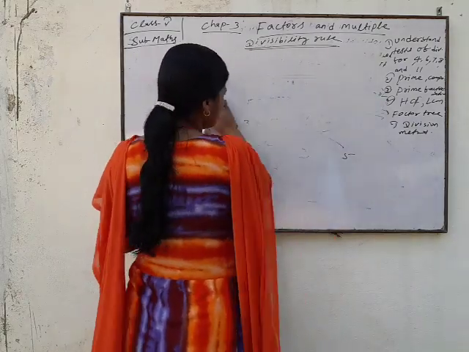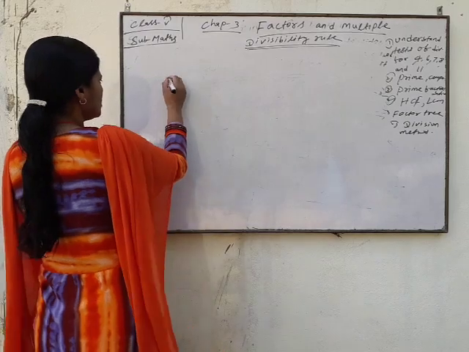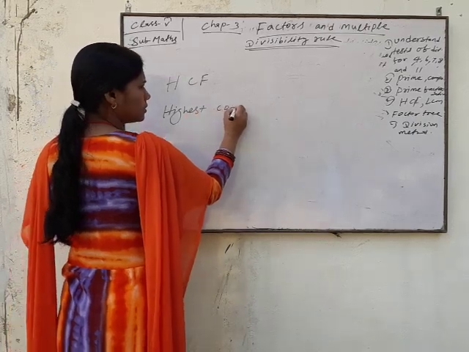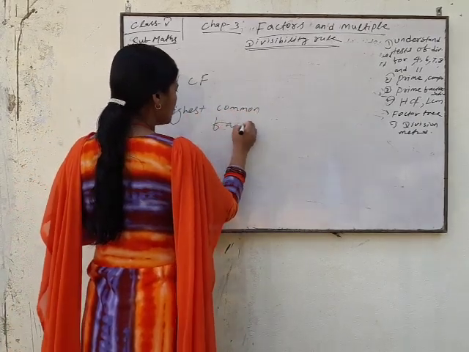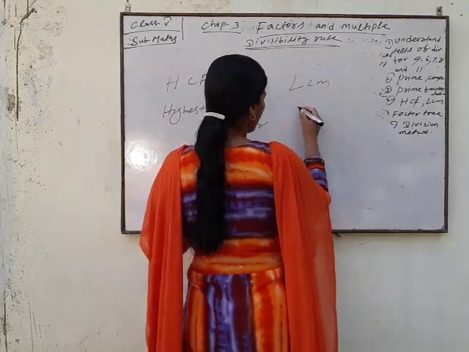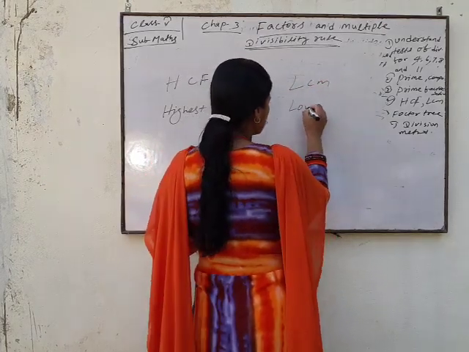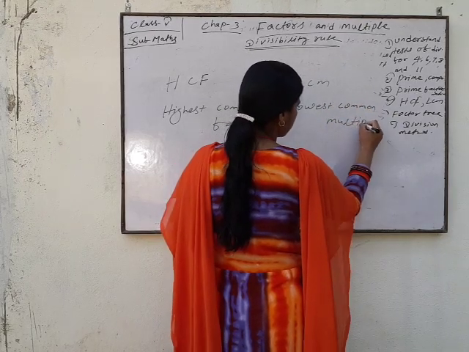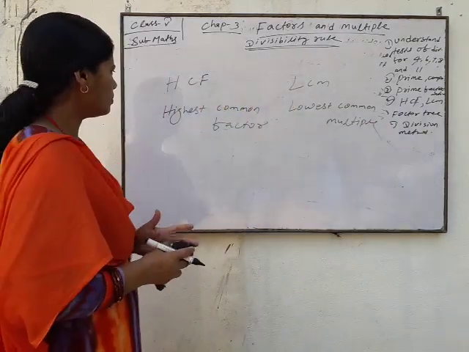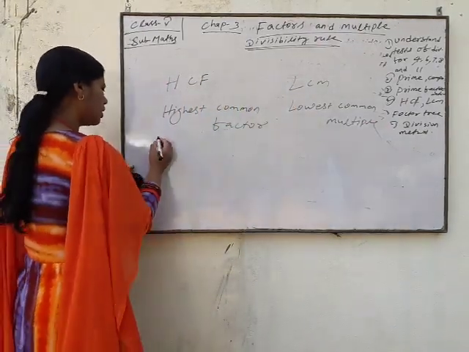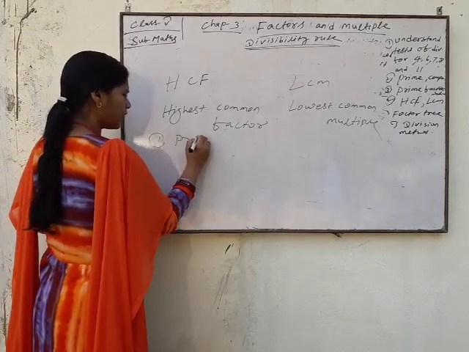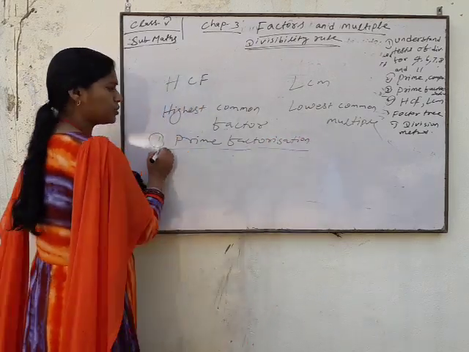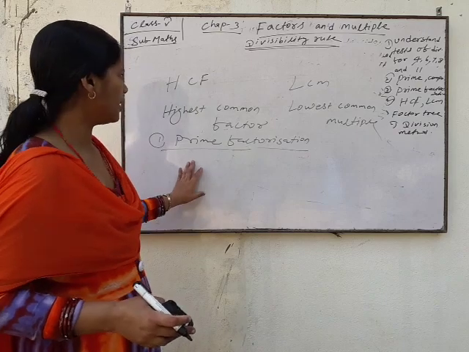There are many methods for finding HCF and LCM. HCF means highest common factor and LCM means lowest common multiple. Here, by using the prime factorization method, we can find HCF and LCM.